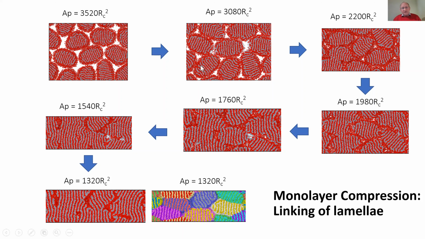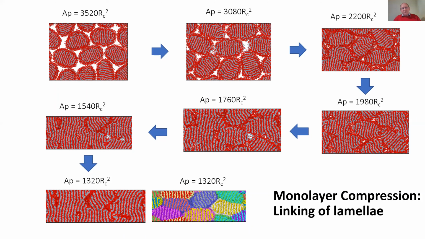But then, if we increase the compression of the monolayer, we can see some linkage of the lamellae between different microgel particles. Upon further compression, we have development of this linking process. So we observe some propagation of lamellae from one microgel to another, and ultimately we have a pretty good lamellar structure, of course with some defects, but it is possible to overcome them.